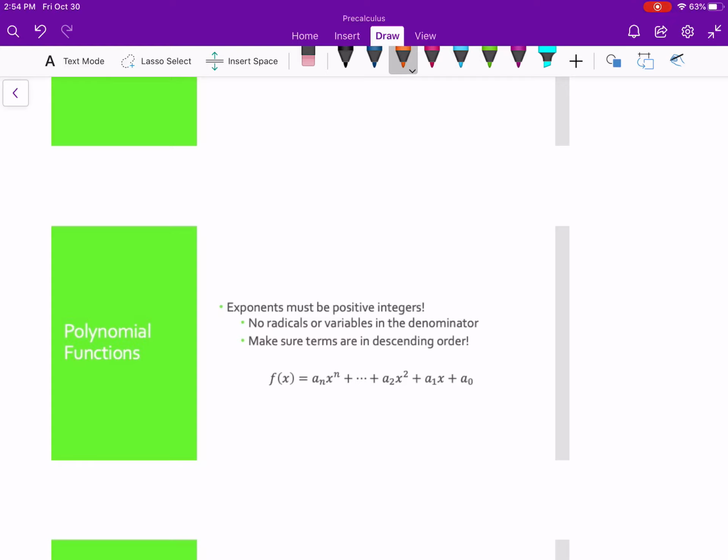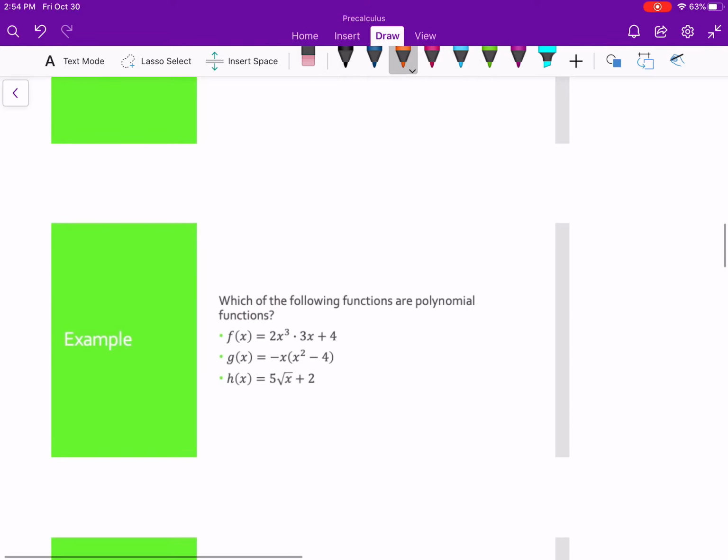And then we also don't want fractions or decimals for our exponents, because remember, that's going to make it into a radical. So positive integers are our only options for exponents to make it a polynomial function. And then make sure the terms are in descending order. So the term with the highest exponent goes first, all the way down to a constant term.